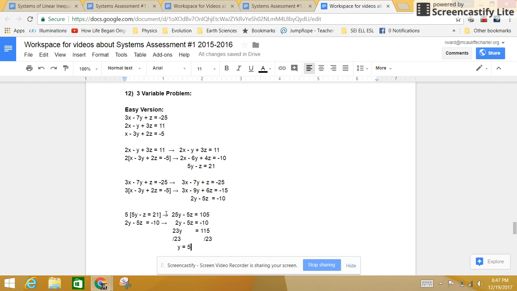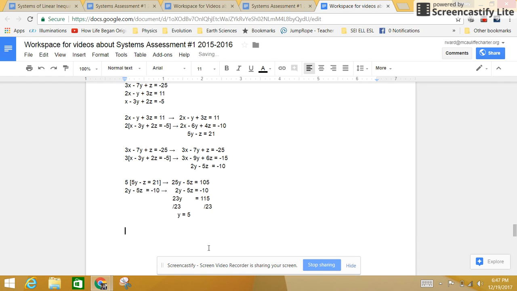Now I can go back and replace y with 5 in all the equations if I want. Actually, we'll just solve for z because we have what we need. So I'm going to copy this. I know y equals 5, so I'm going to replace y with 5 and solve for z. That's now easy to work with.